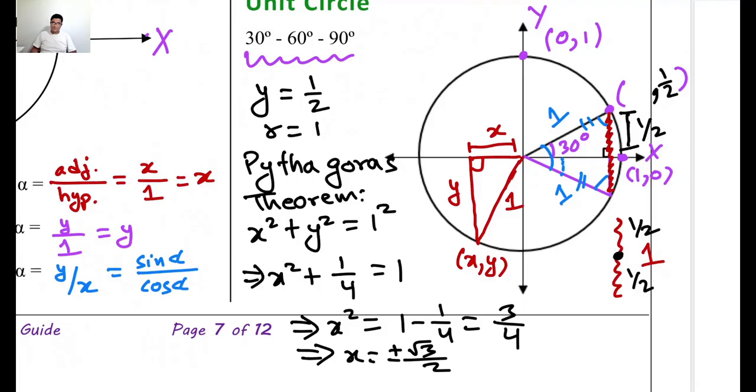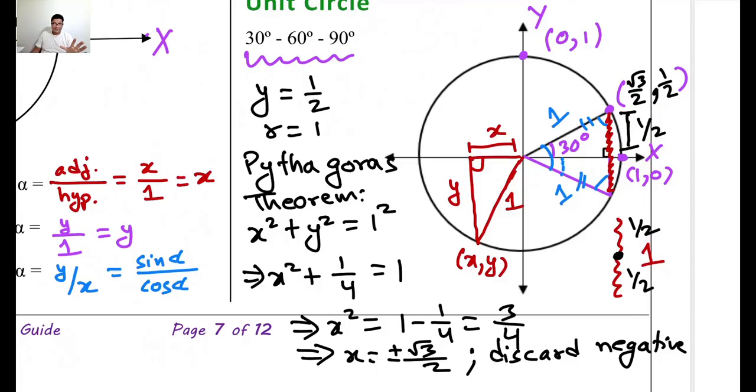You take the square root of both numerator and denominator: root 3 divided by root 4, which is 2. Plus or minus because you are taking the square root. But then you discard the negative value because we are in the first quadrant. Both have to be positive, right? Hence, you are left with the positive root 3 over 2. So those are the coordinates corresponding to this angle 30 degrees in the first quadrant.